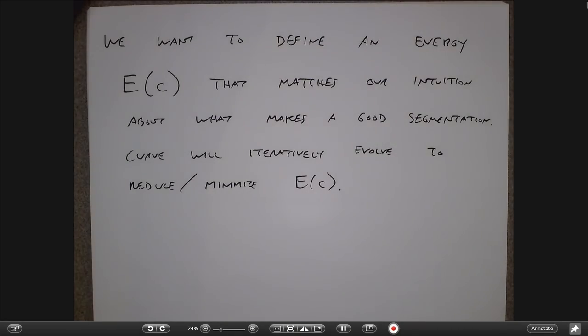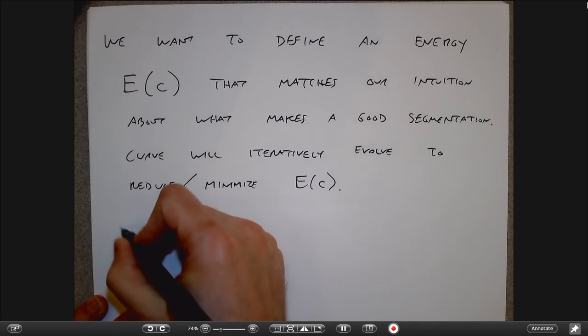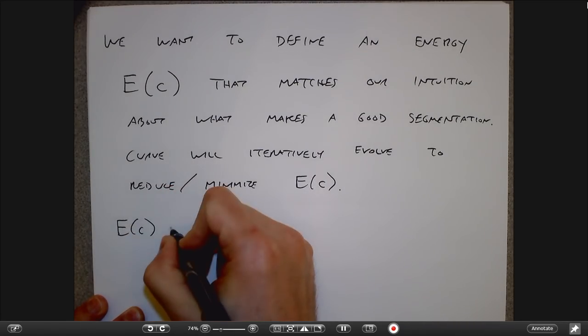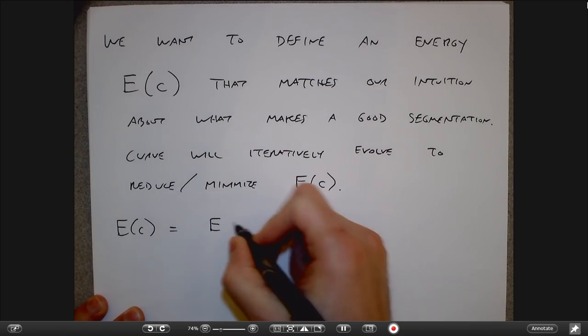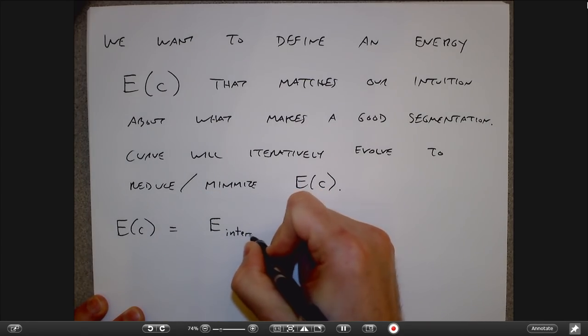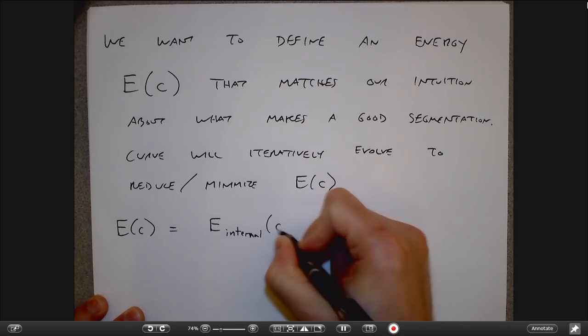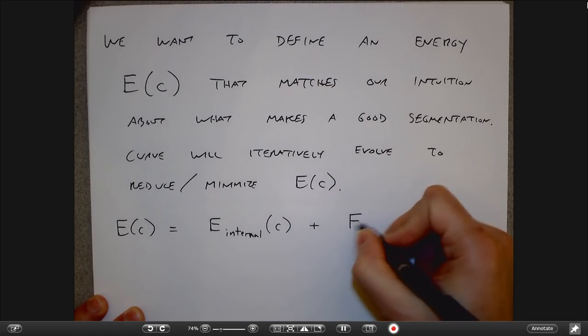So what I'm going to do is decompose this energy into two parts. I'm going to say the energy function has what's called an internal part and an external part.